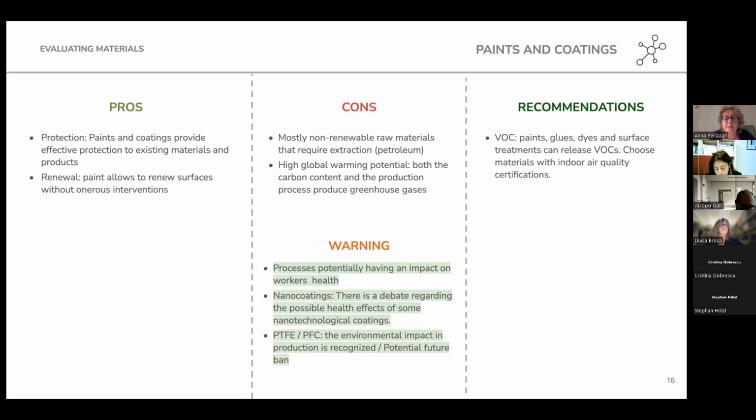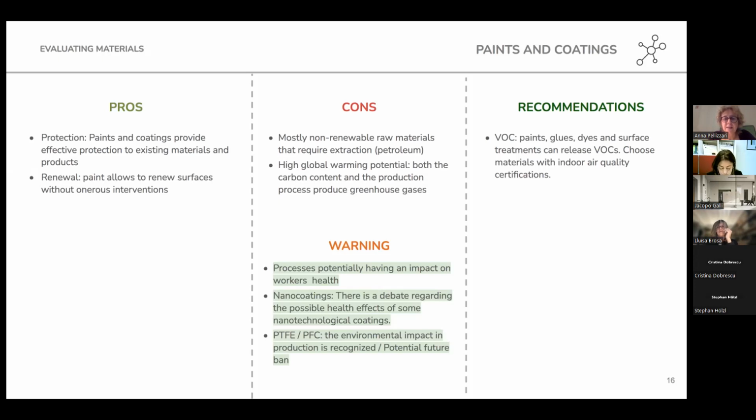Then there is also some focus on nano coatings, which are interesting because of the reduction of quantity and some specific performances that can be provided, but that's still an area with some debate regarding possible health effects of some nanotechnological coatings. It's a type of debate that has apparently no end, but it's still an interesting area to keep an eye on.